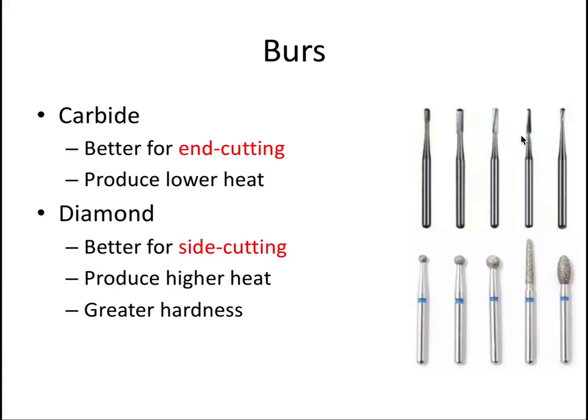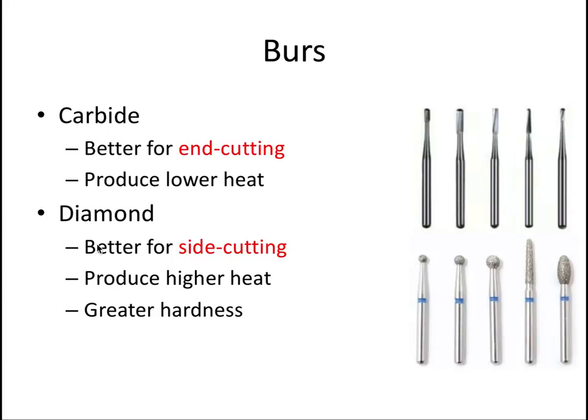They come in many, many different sizes and shapes. Because of their material and their design, they're better for end cutting, like with punch cuts to start a preparation. They also create a smooth preparation wall. They're good for amalgam removal and creating retentive features, and produce lower heat than their counterparts.